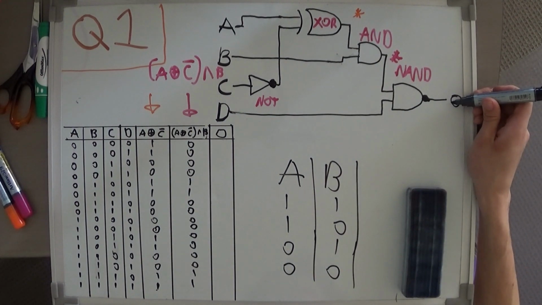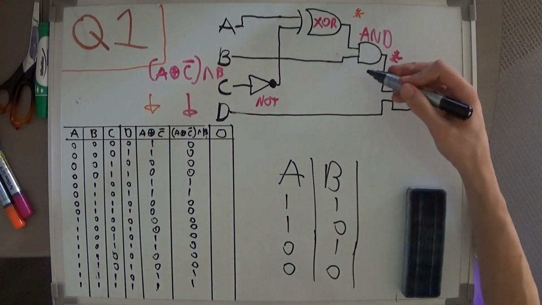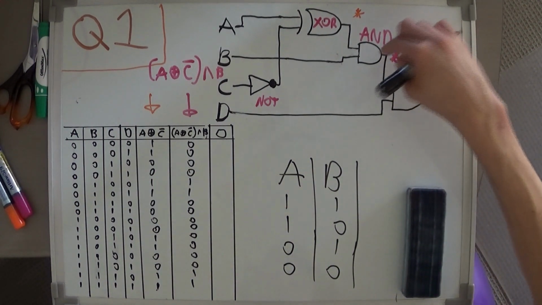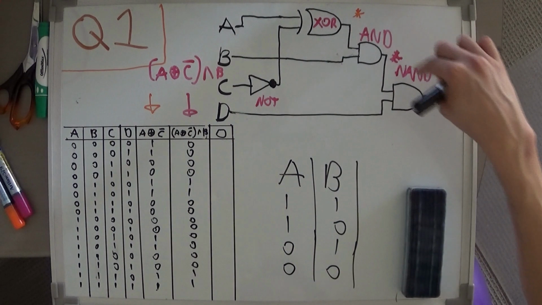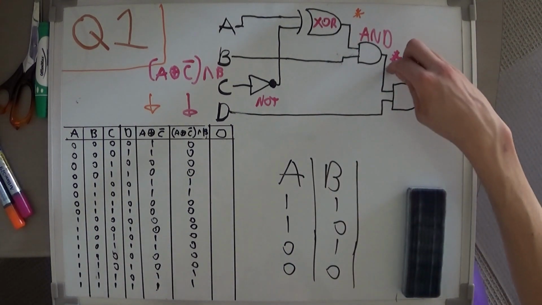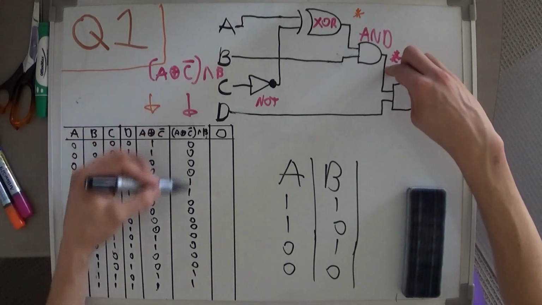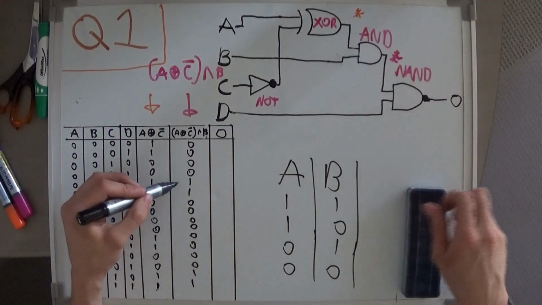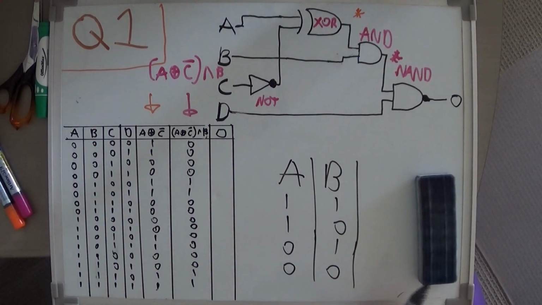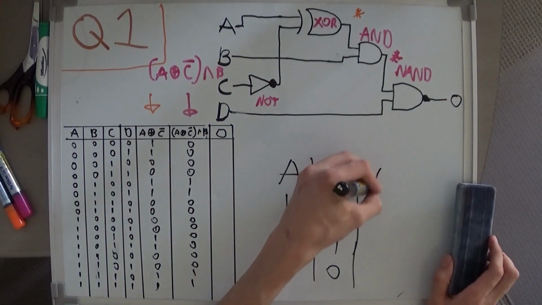Now our final step is our output. Our output is the not AND of A XOR not C and B, which is this wire here, the output of this AND gate, that NANDed with D. We've already worked out what this wire is going to be, and we've got it in our intermediate step column here. So we need to take the not AND of this column and the D input column. Now let's refresh ourselves on how not AND works.